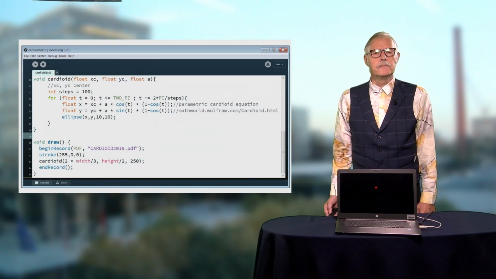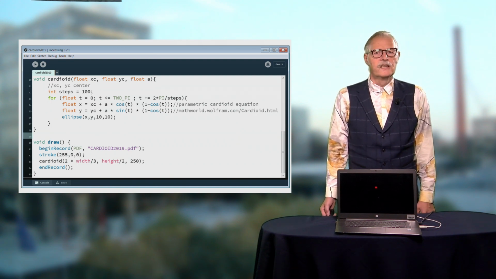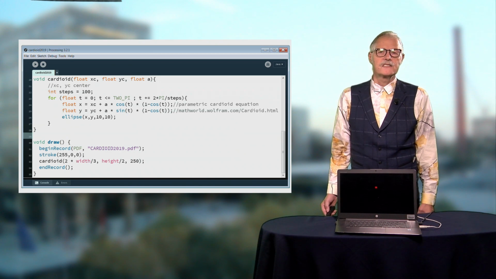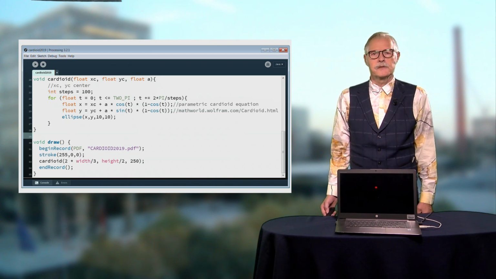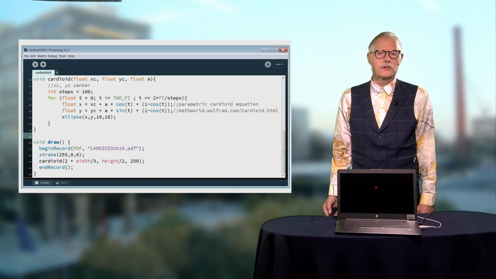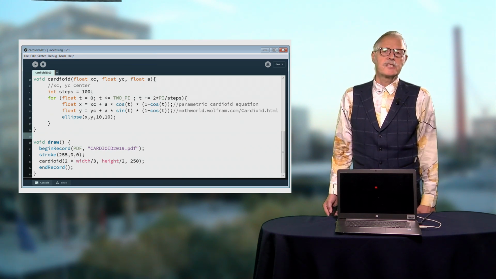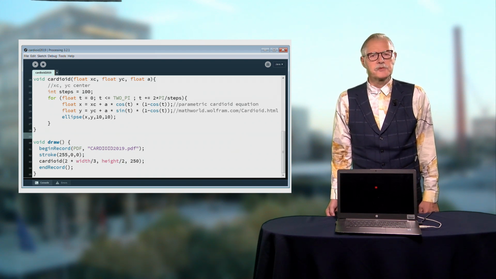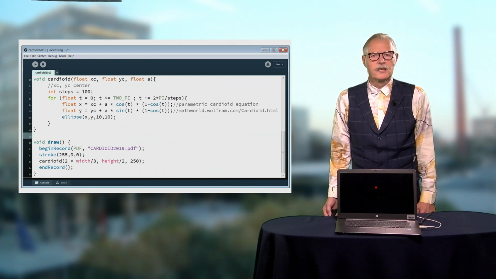Here we see the main function which is going to draw a cardioid at center coordinates xc and yc, and there is a parameter a which determines the scaling of the whole cardioid. This one will do 100 steps, and you see the main for loop where t is being incremented in small steps, and it looks very much like the equation of the circle and the ellipse which we have seen before.